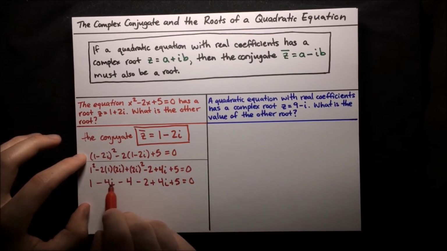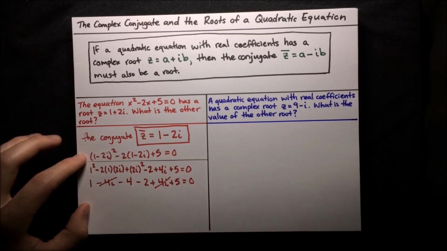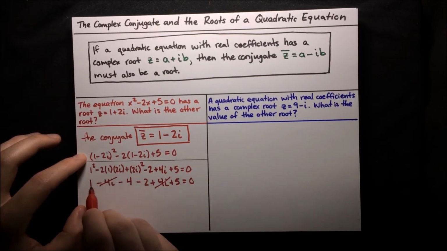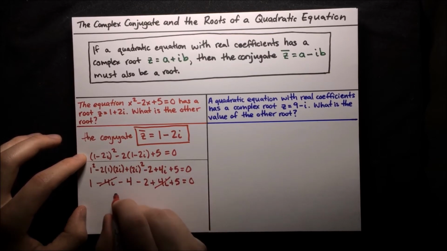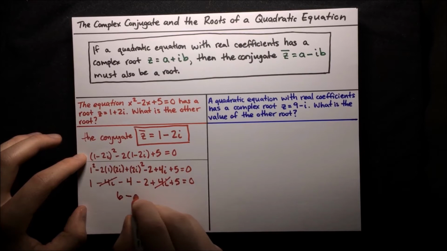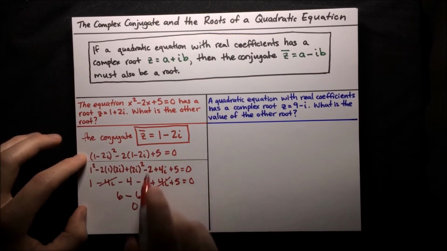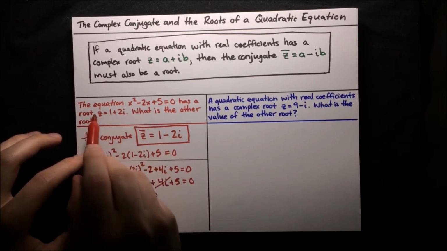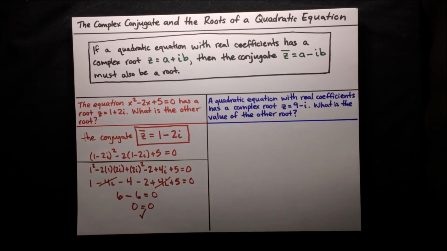Here we've got a minus 4i and a plus 4i, so these will both cancel out. And then here we've got a 1 plus 5, so that's a 6. But here we've got a minus 4 minus 2, so that's a minus 6, and that does indeed equal 0. So yeah, it checks out. This is indeed the other root of the equation. Alright, on to the next example.